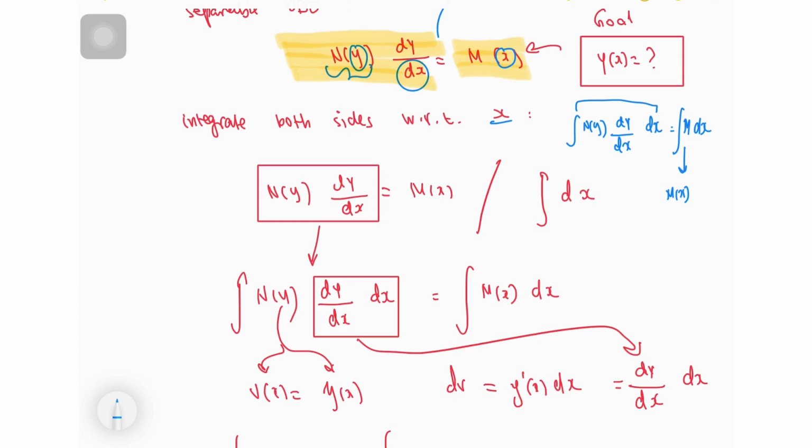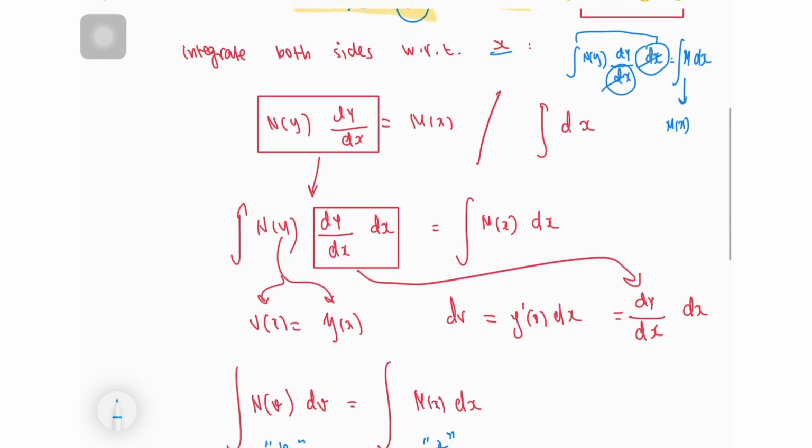Now we want on the left side to get rid basically of this dx, and formally we can just cancel it because that is a differential.